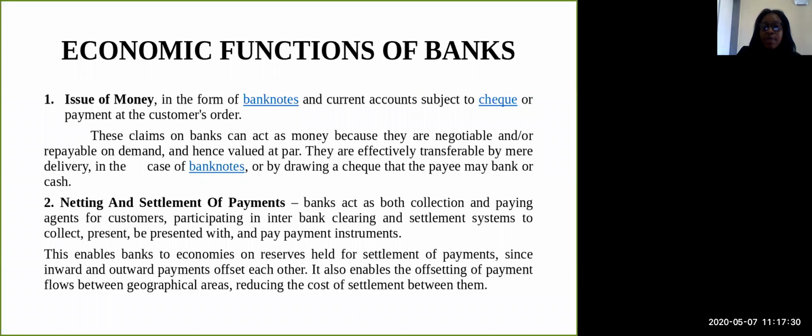This enables banks to economize on reserves held for settlement of payment, since inward and outward payments affect each other. It also enables the offsetting of payment flows between geographical areas, reducing the cost of settlement between them.